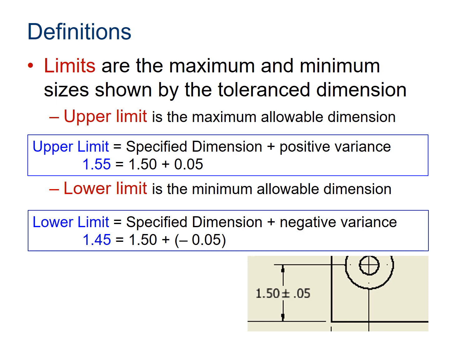Fortunately, it's just addition or subtraction. So my upper limit in this case is 1.55. That's going to be 1.50 plus that acceptable tolerance of 0.05. And then my lower limit is going to be 1.45. That's 1.5 minus 0.05.